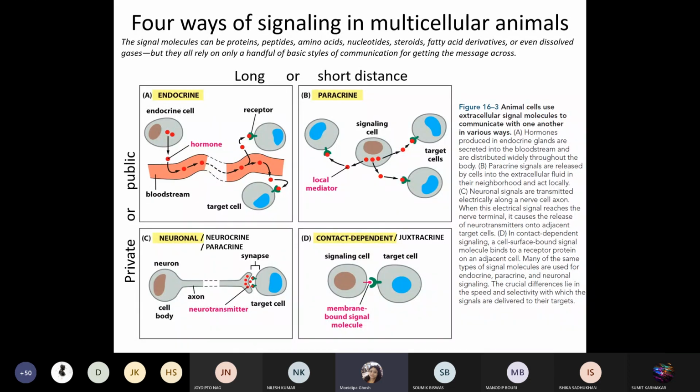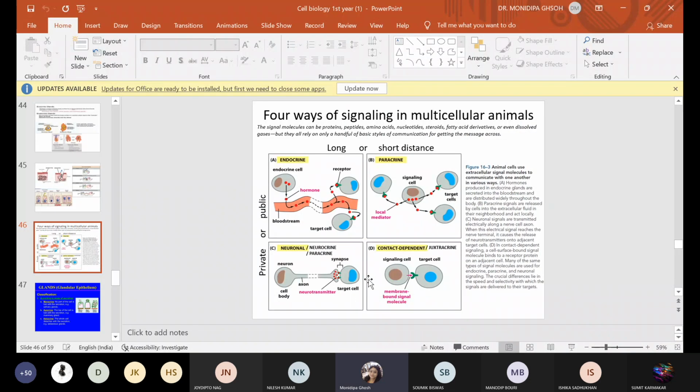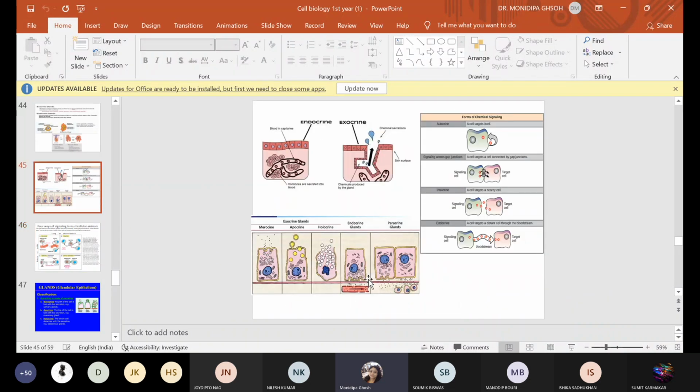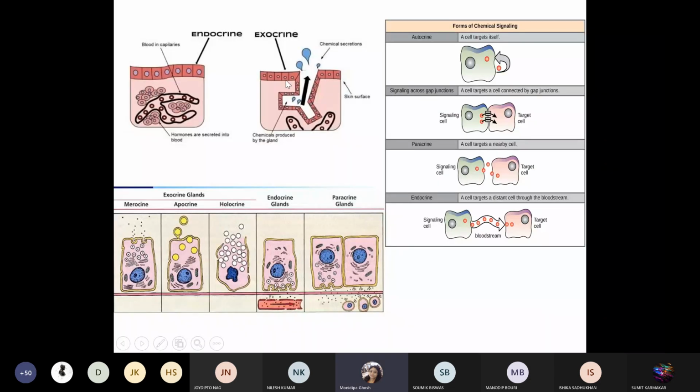I would just recapitulate how signaling molecules are secreted and passed from one place to another in the in vivo system. In vivo means inside the body system. How does it occur? If you closely look into this picture, the left hand one is the endocrine system and the right hand one is the exocrine system.